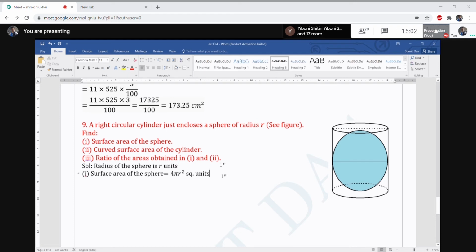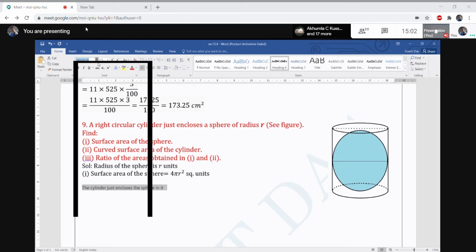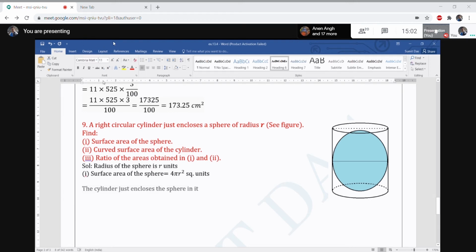Then number 2, before number 2 we have to write like this: the cylinder encloses the sphere in it.